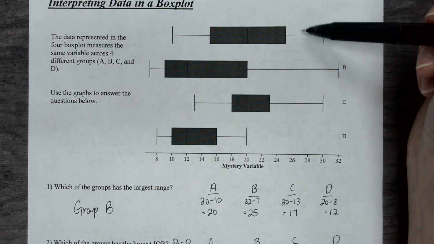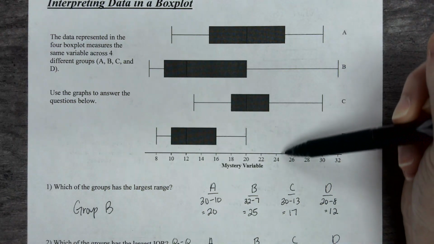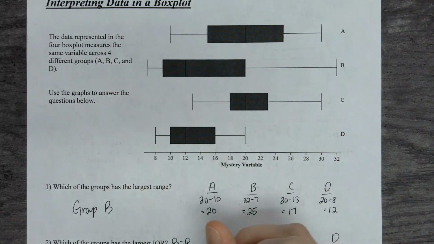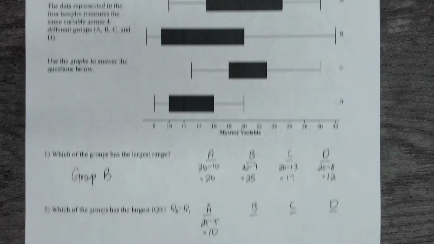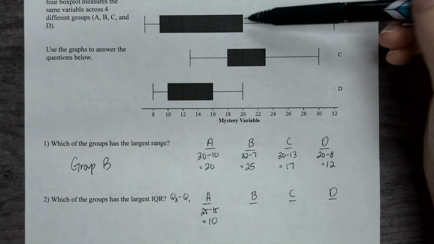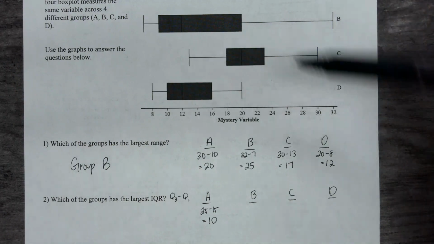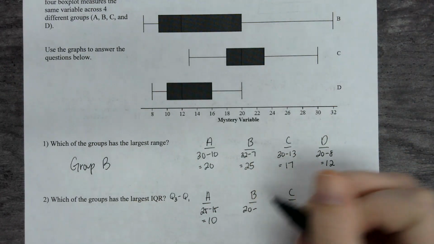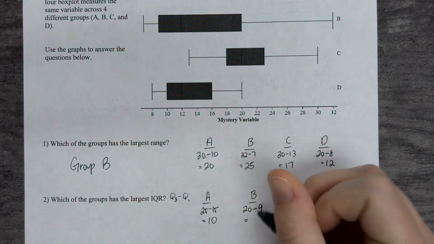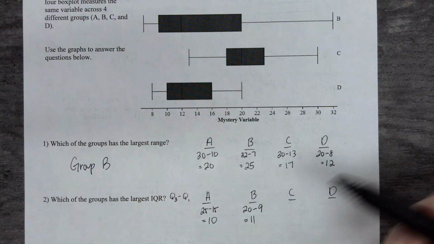So let's see here. For A we have 25 minus 15, and that's going to get me 10. Looking at B, B's 20 minus 9, which is going to get me 11.